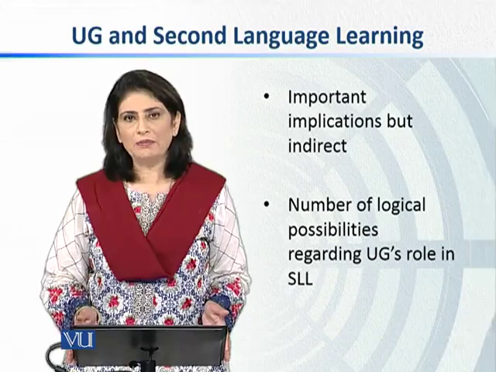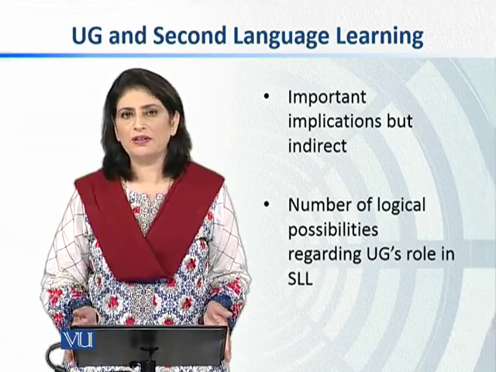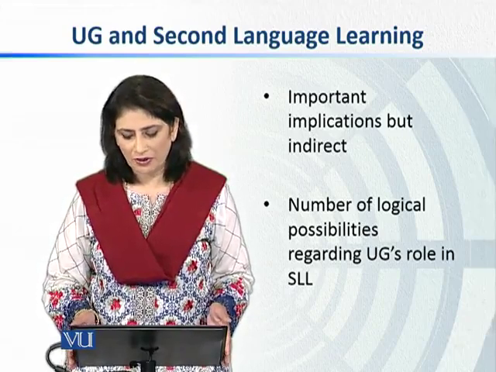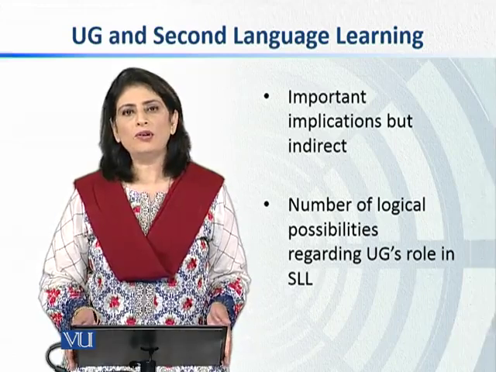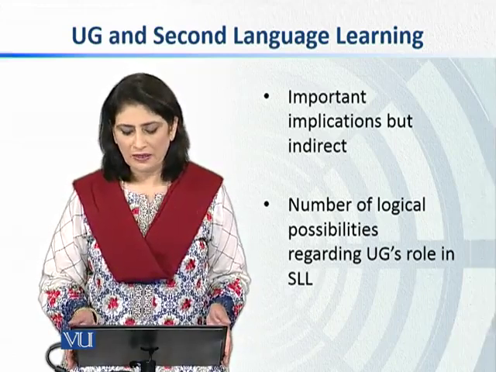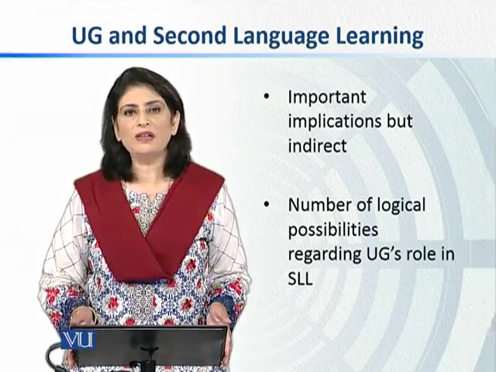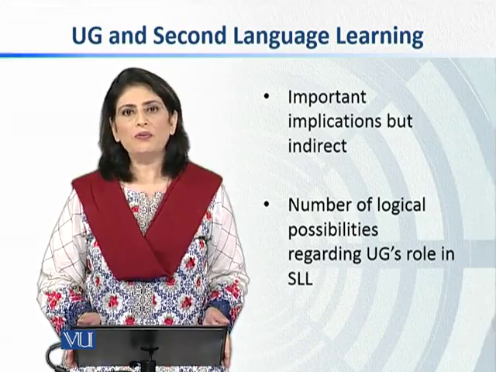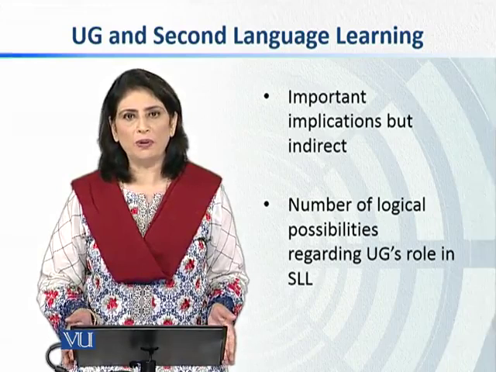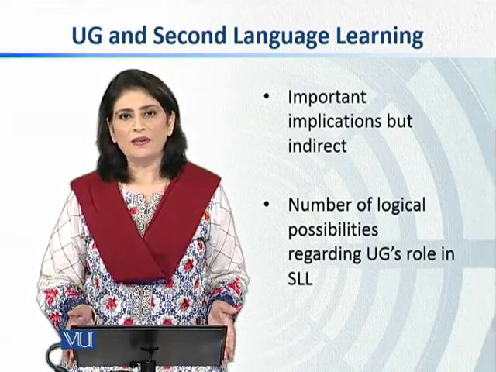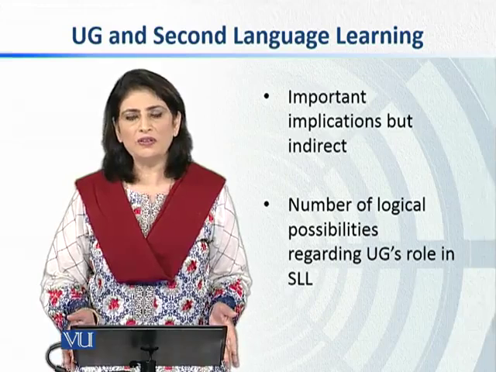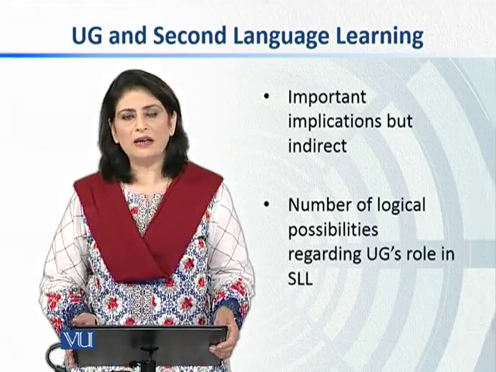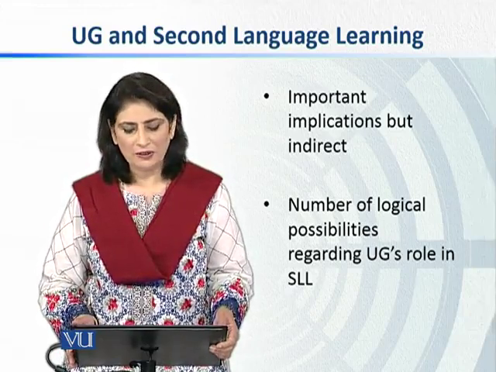They will be indirect because there are some key differences between the learning of the first language and the learning of the second language. And this, of course, logically brings us to this possibility regarding universal grammar's role in the learning of the second language. If universal grammar means that every human being or every child has access to a certain universal grammar in their brains, the question is how does it apply to the second language learning?